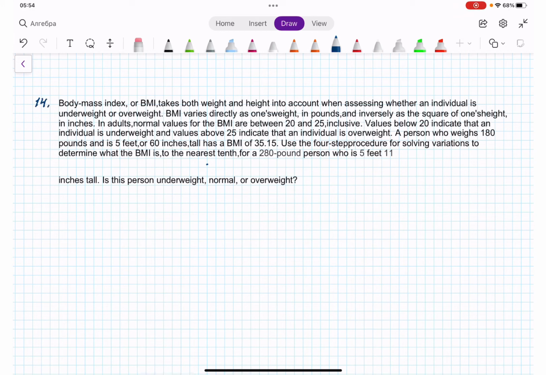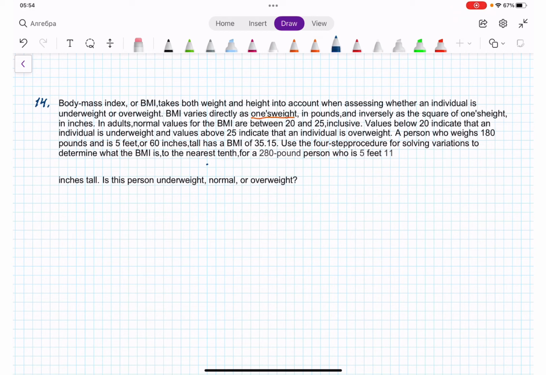Body mass index or BMI takes both weight and height into account when assessing whether an individual is underweight or overweight. BMI varies directly as one's weight. So directly as one's weight, okay, directly.